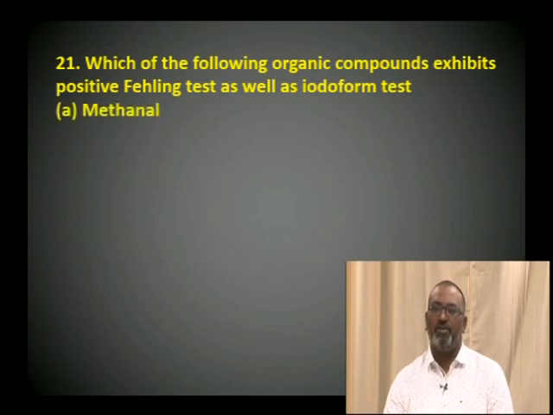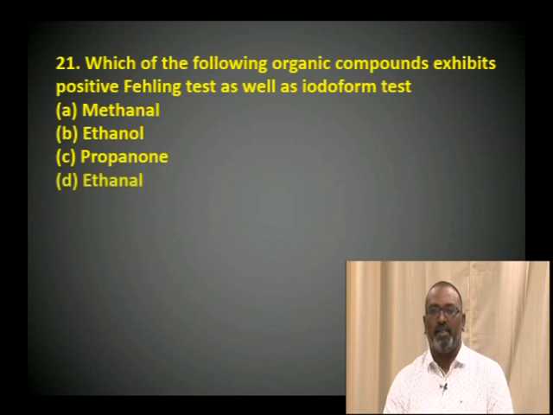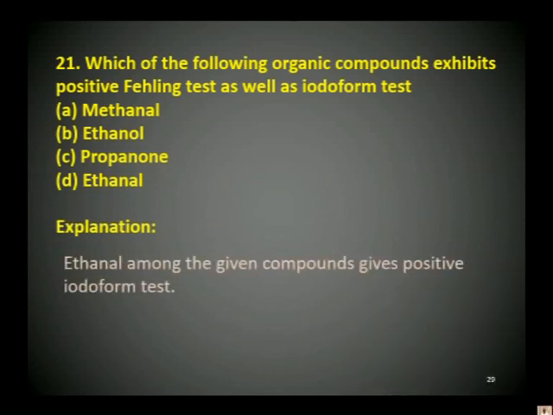Methanal, which is also called formaldehyde, ethanol, which we call ethyl alcohol, propanone, which we call acetone, ethanal, which we call acetaldehyde. Ethanal is the compound among these 4 options which gives a positive test for iodoform and also a positive test for Fehling solution.